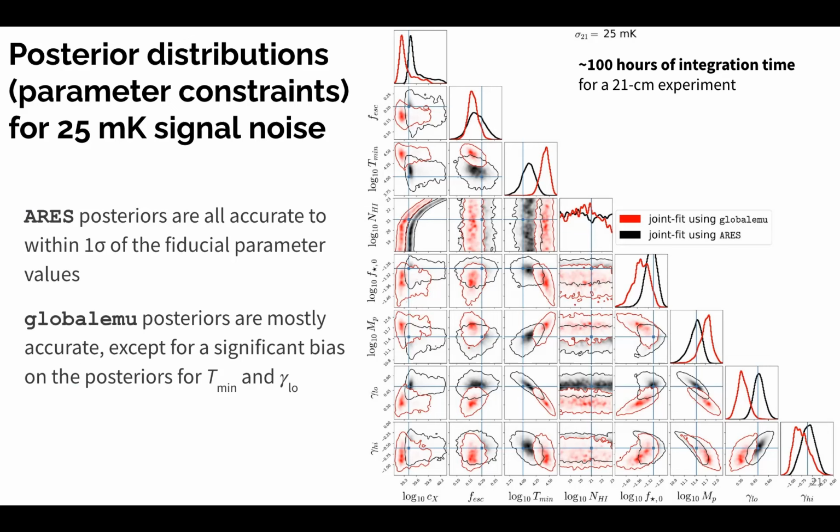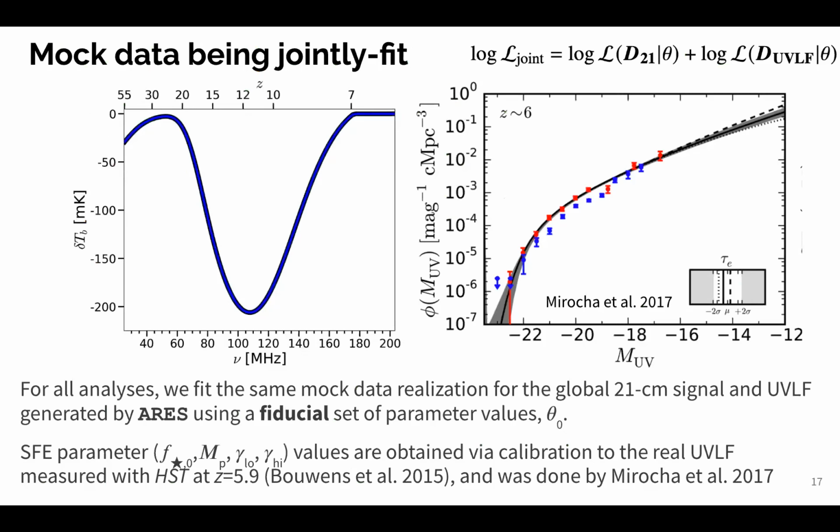Something I didn't mention earlier, if I go back to this slide, is this blue signal: we add noise to that, and then we see the parameter constraints that we get for different levels of noise on that blue signal. This is it being shown with no noise.